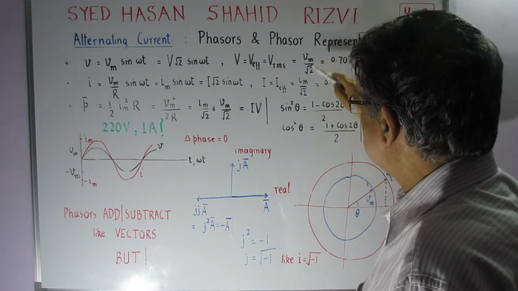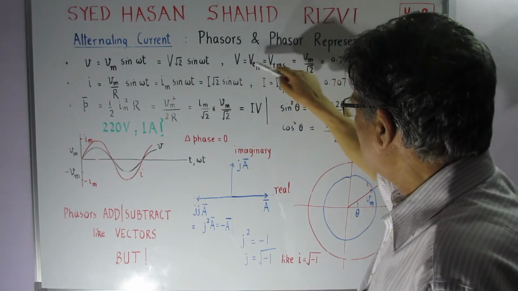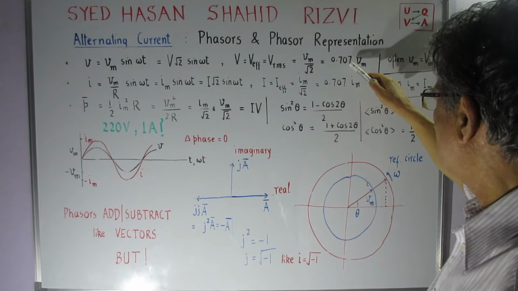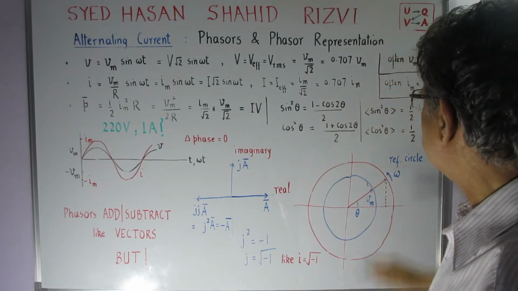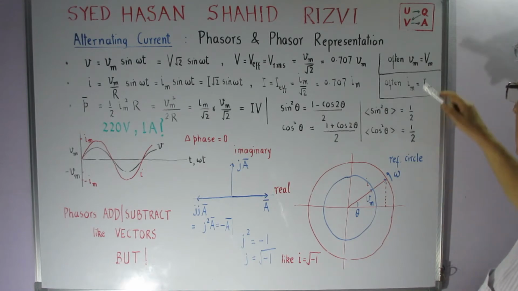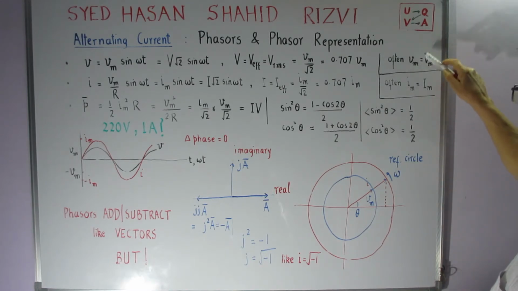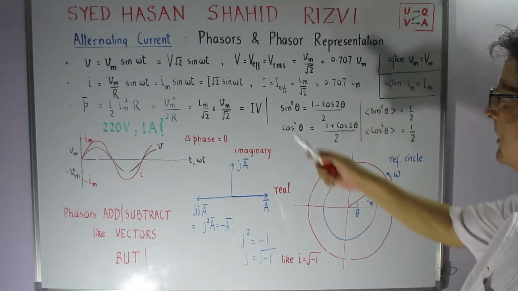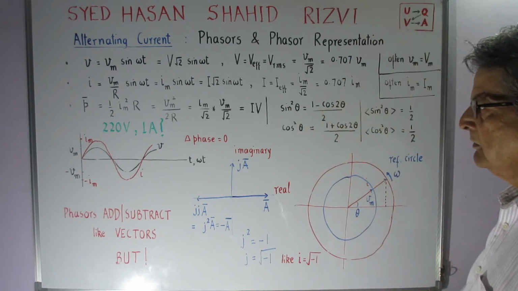So Vm becomes equal to root 2 into V, where V is 0.707 Vm, okay. Often in many a book we write Vm as capital Vm, okay. Doesn't matter, all these quantities are in volts.